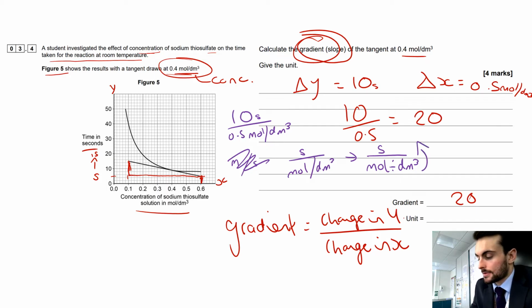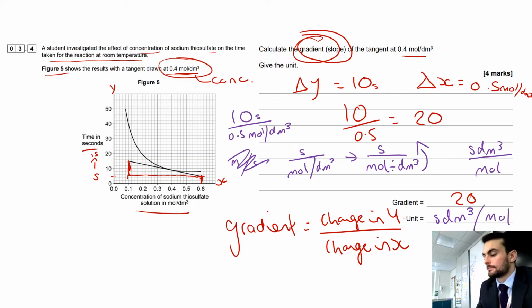You end up with the opposite, so that would actually move up to the top. So then we would end up with second decimeters over moles. So that's given your unit. You just kind of move that dash. So your unit would be second decimeter cubed per mole.